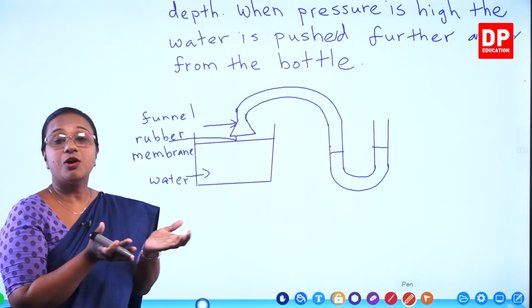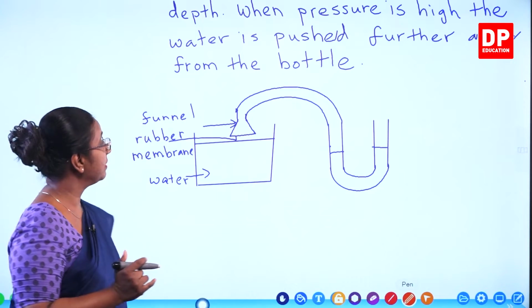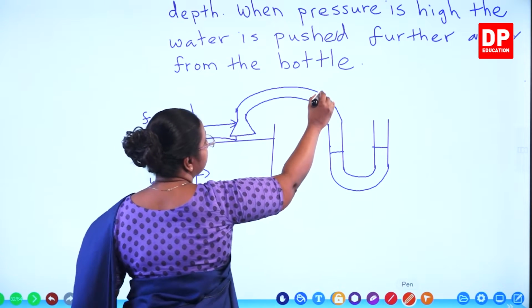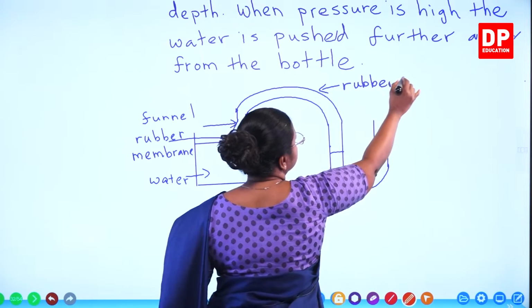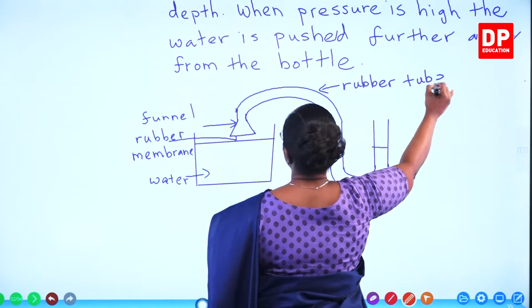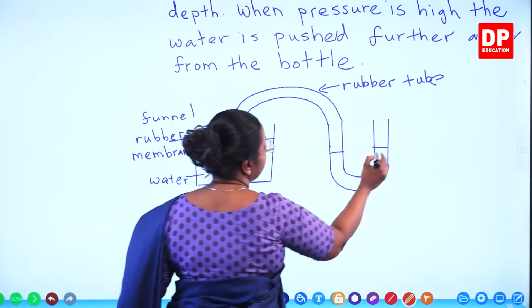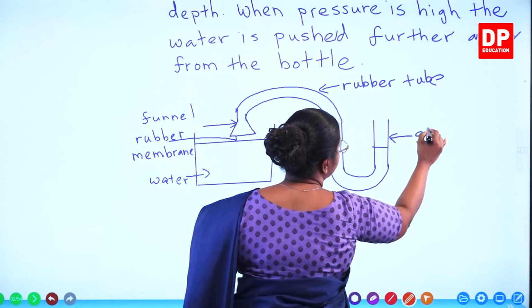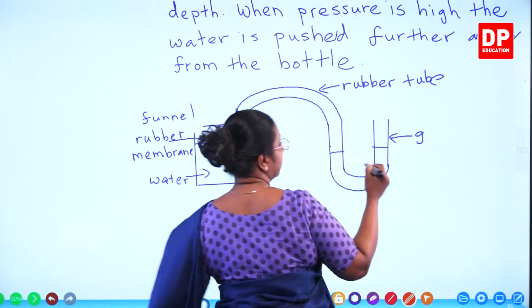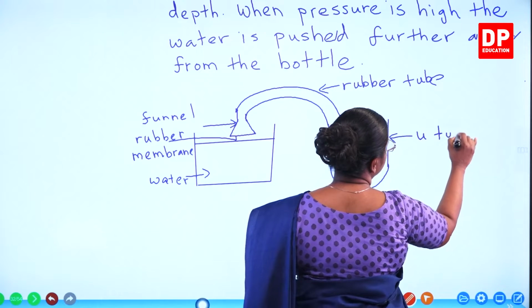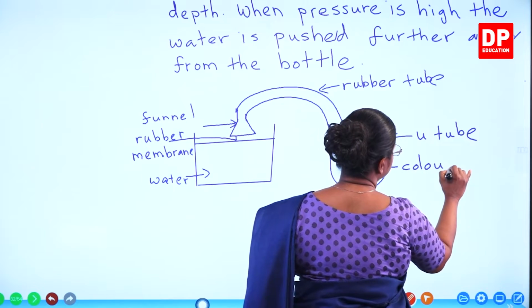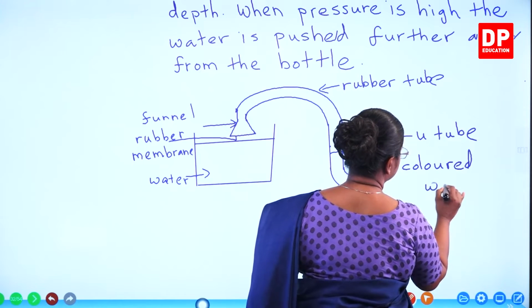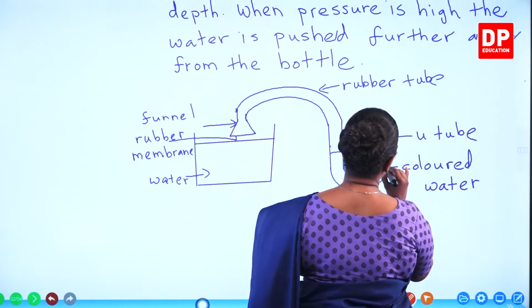It has to be not loose, it has to be a stiff rubber membrane. Then we will have a rubber tube attached to the other end of the funnel. Then we have a glass U-tube and colored water. Colored water, why?